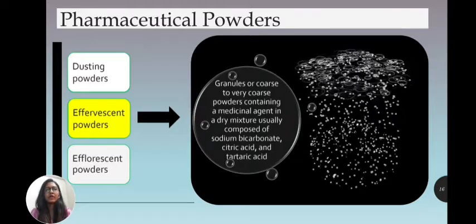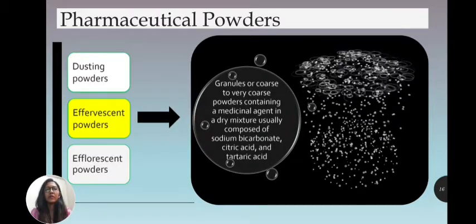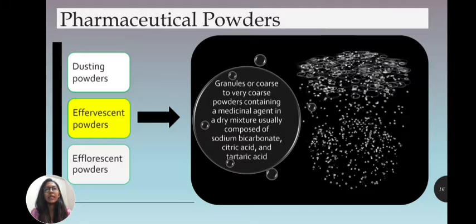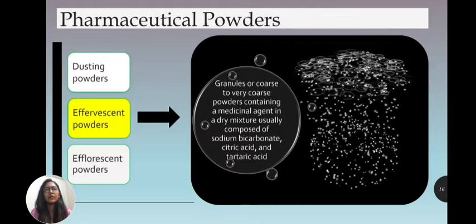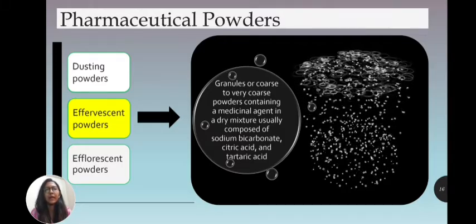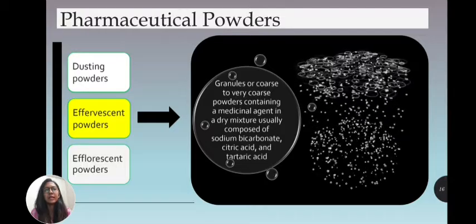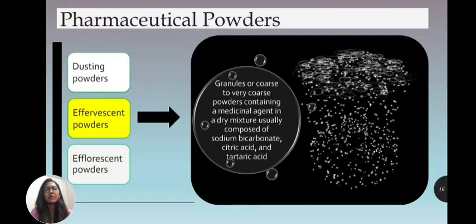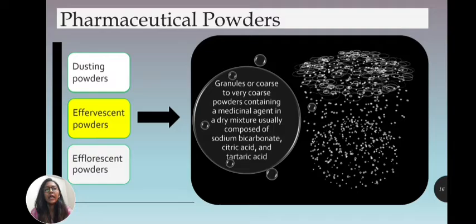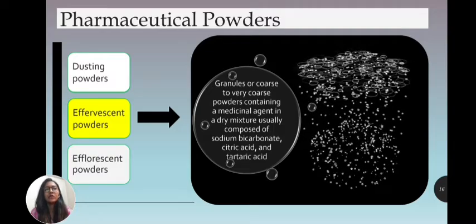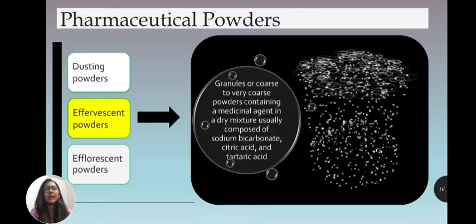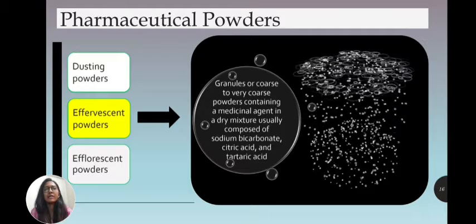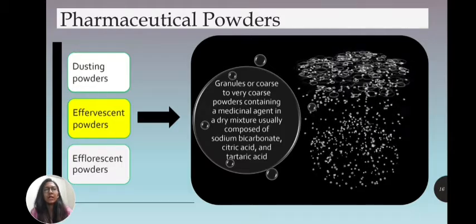Effervescent salts are granules or coarse to very coarse powders containing medicinal agents in a dry mixture, usually composed of sodium bicarbonate, citric acid and tartaric acid. When this composition is added to water, it liberates carbon dioxide, which results in effervescence. This carbonated solution masks the taste of medicinal agents.